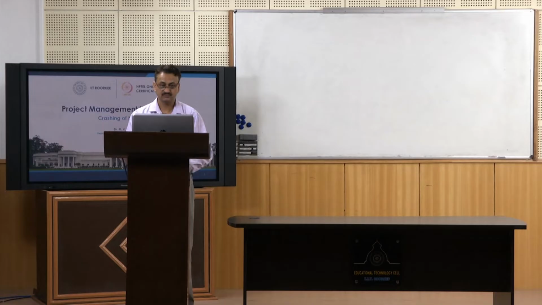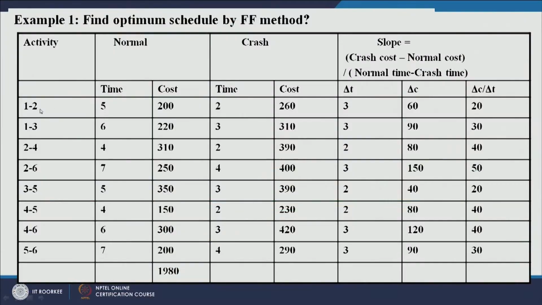Activity 1, 2: normal time is 5 days, normal cost 200, crash time 2 days, crash cost 260. It means you can reduce the duration of activity 1, 2 up to 2 days, right? It is not by 2 days, it is up to 2 days.